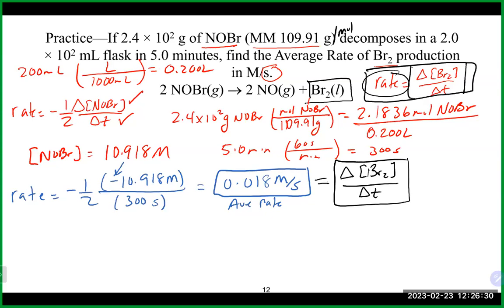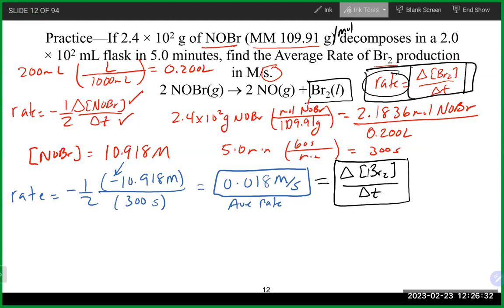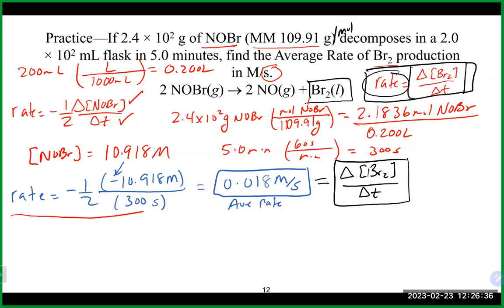Just to show you, for example, in a problem like this, you can do it as a stoichiometry problem first and then get the kinetics part of it. So if we were to do the stoichiometry part first, we would just pick up here where we got the moles of NOBr.